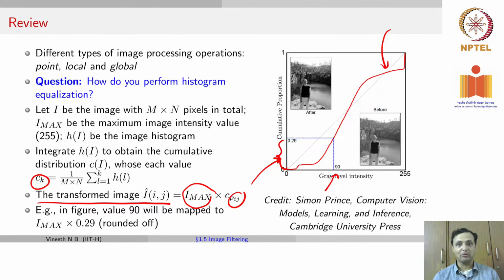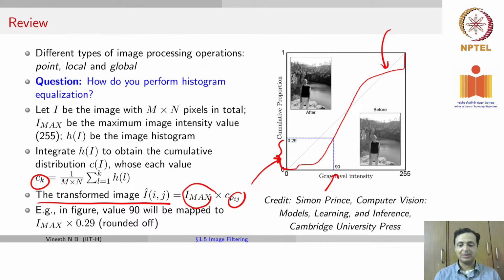Rather, an intuitive way of understanding histogram equalization is you try to look at the distribution of intensities in your particular image, and let's say a lot of your intensities were lying between 200 and 250, which means for a pixel with intensity 90, there would not be much cumulative distribution in that space, and hence in the histogram equalized image it would get a lower value than another pixel with a higher intensity.